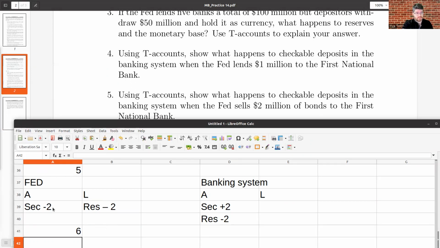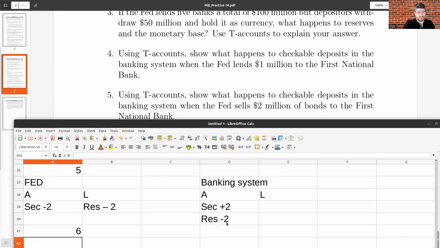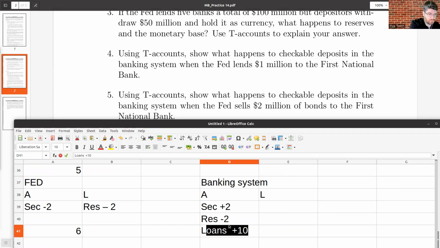So the initial sale was 2 million, reserves decreased by 2 million. That means loans will be decreased. Here loans were increased by +10 because of the 10% ratio. And here the 10% ratio will give us the change in loans of -20.